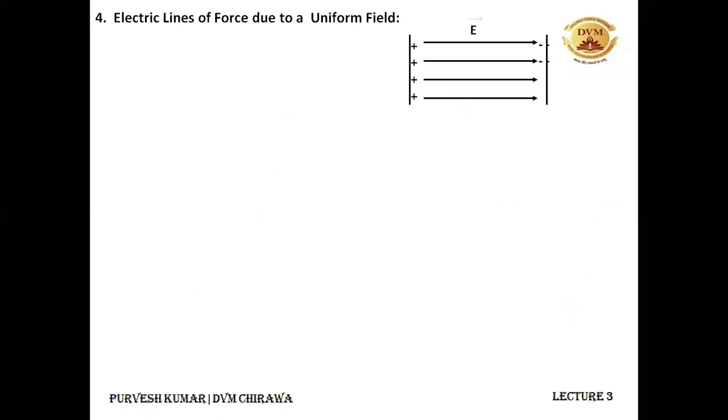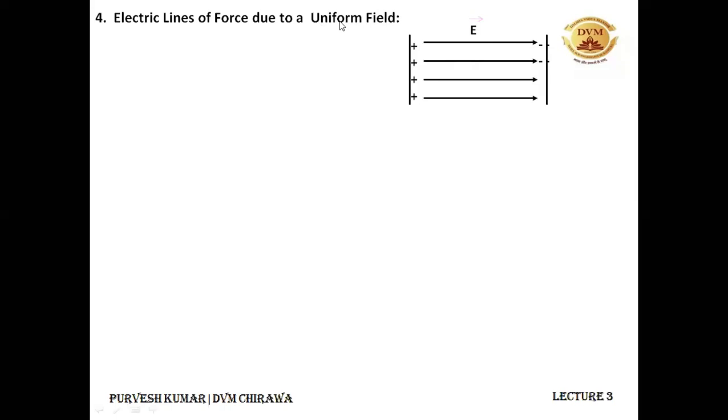Moving further, we need to find out how the electric field lines look for a uniform field. For a uniform field, the electric field lines are straight lines which are equidistant from each other. See, this is an electric field line, and they are parallel lines.